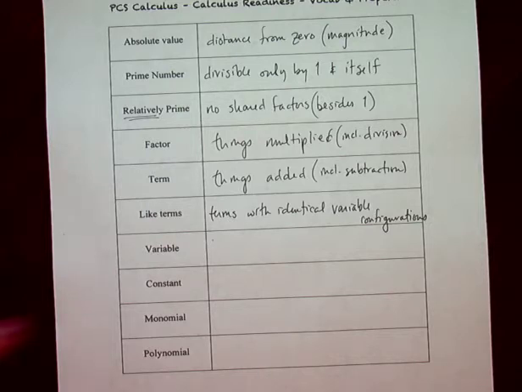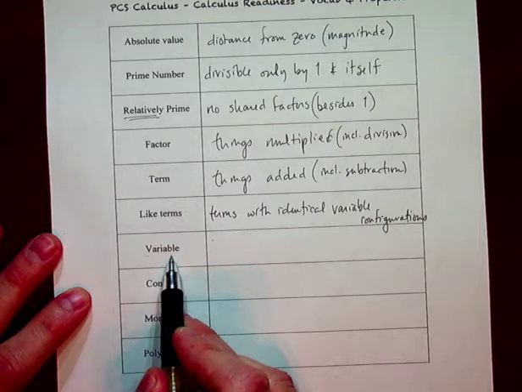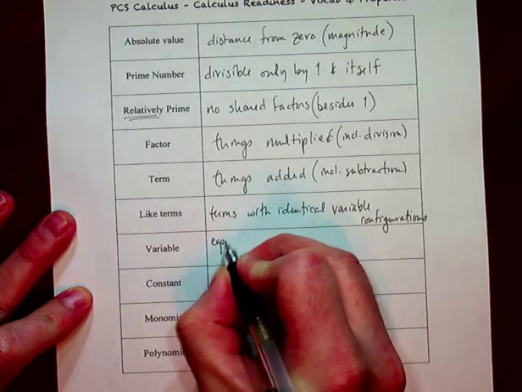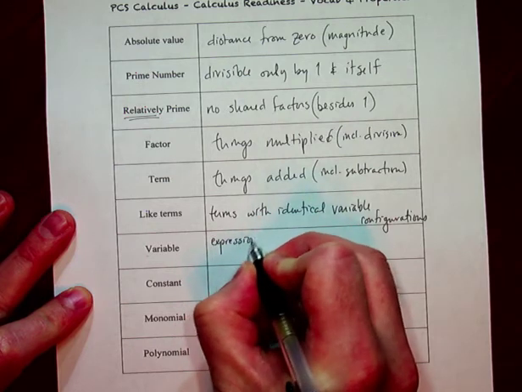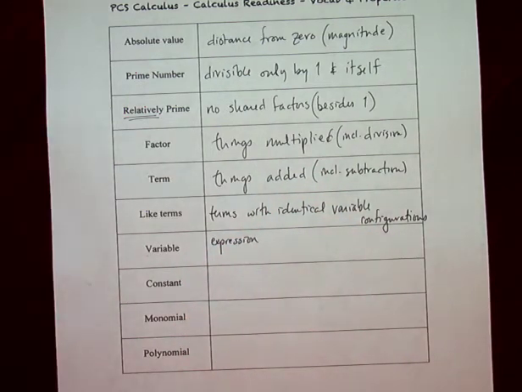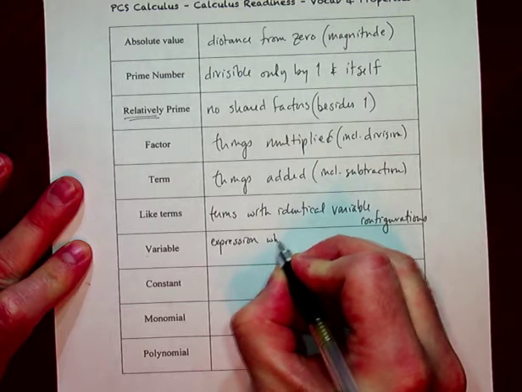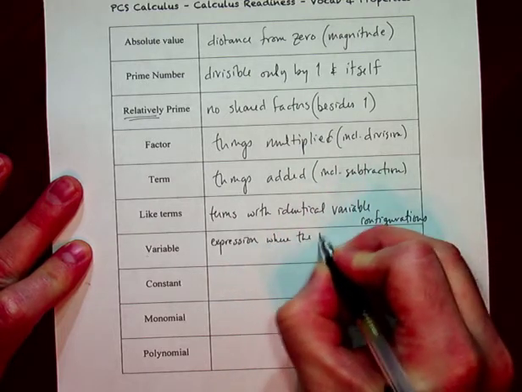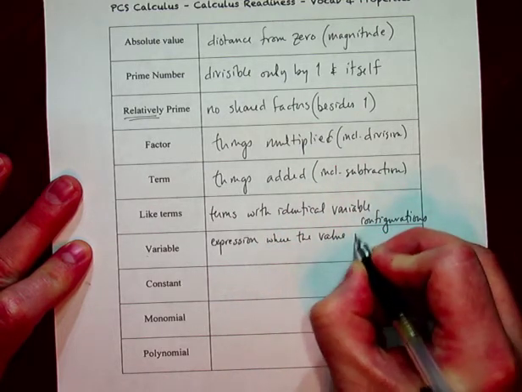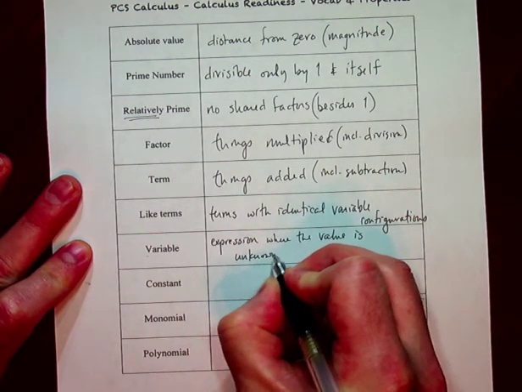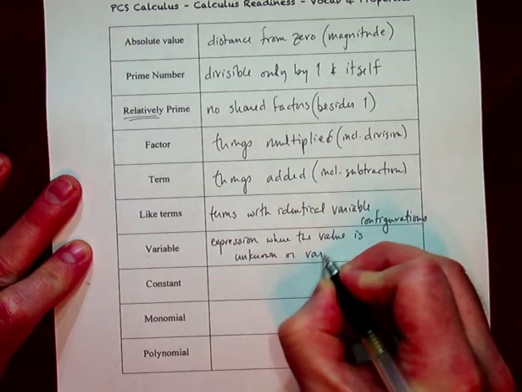And because it varies, that's why we call it variable, okay? So it's an expression, usually given by letters, whether Greek or Latin alphabet or whatever, where the value is unknown or varies.